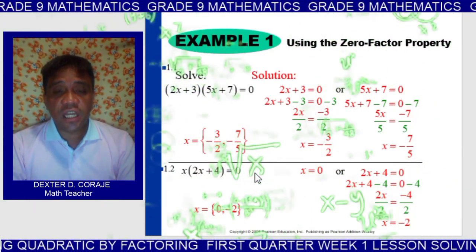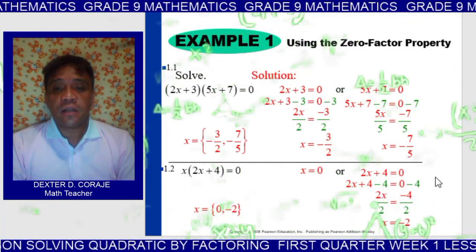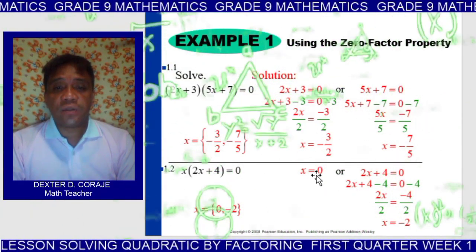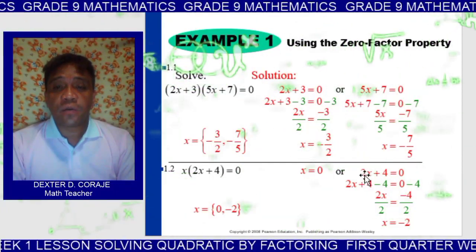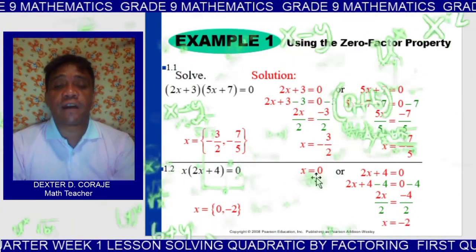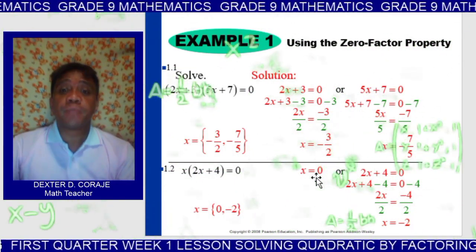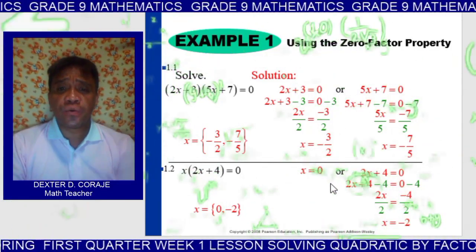So automatically, we have to set every factor to be 0. And so we have x equals 0 and the other one is x plus 4 equals 0. We could not go over the first factor because it is already 0. Take note of that. And we should proceed now to x plus 4 equals 0.